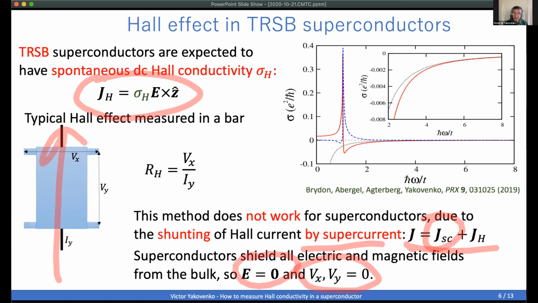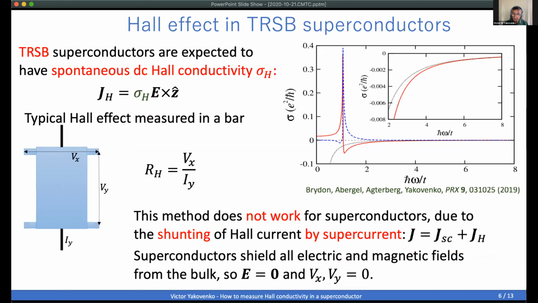And in the absence of an electric field, Hall current will also be zero. So the coefficient may be non-zero, but the Hall current is zero because it is very difficult to put an electric field inside a superconductor, because they screen. You cannot just connect a battery to a superconductor.